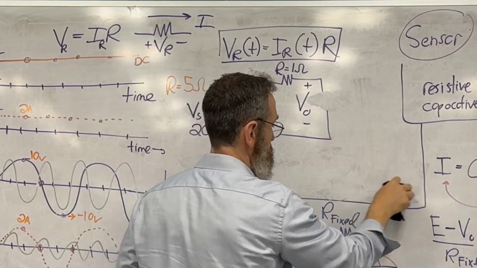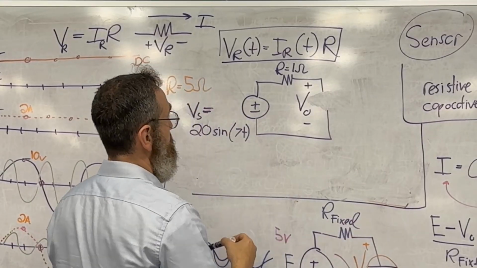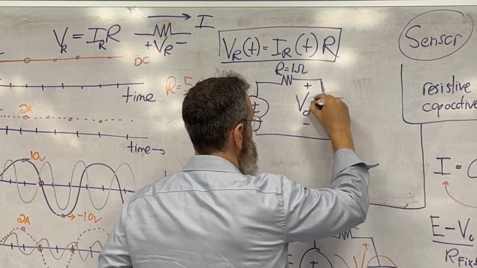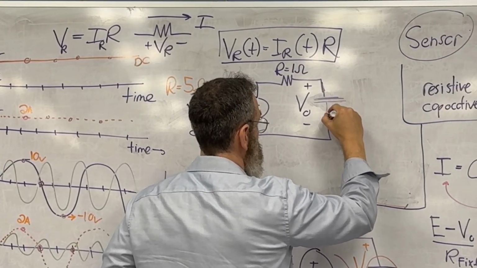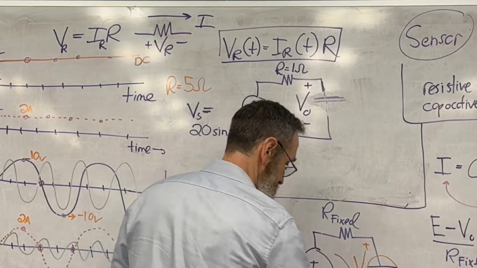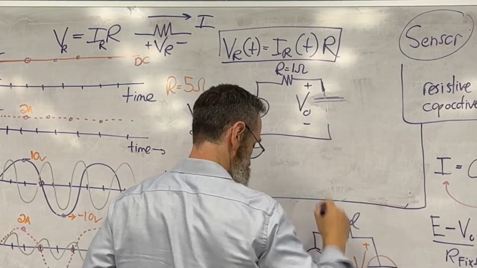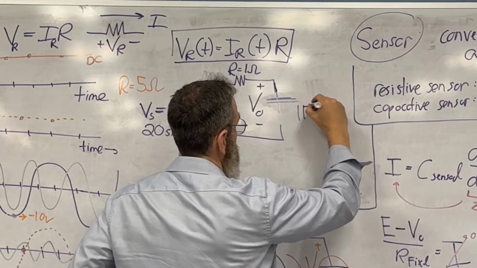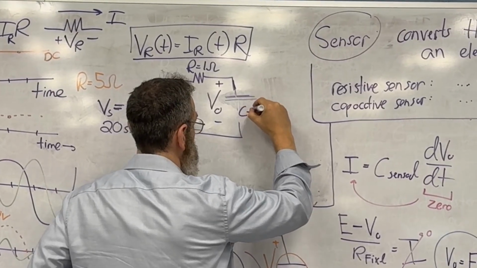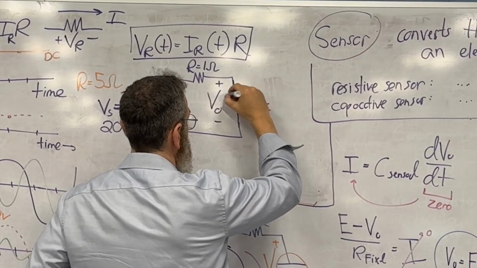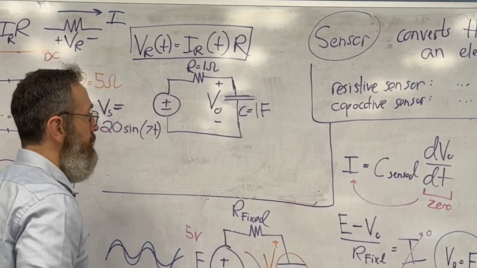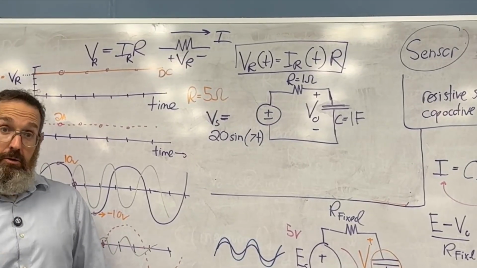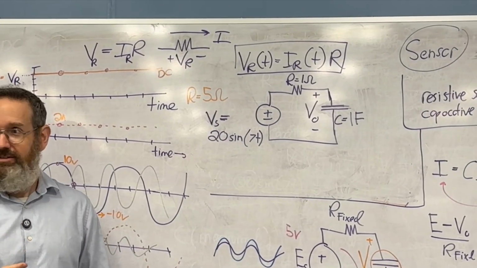Same thing, right? Now there's a capacitor, and this capacitor has a capacitance value of 1 farad. But to be clear, this is a capacitor. What's V out? Well, here's the wrong thing to do.